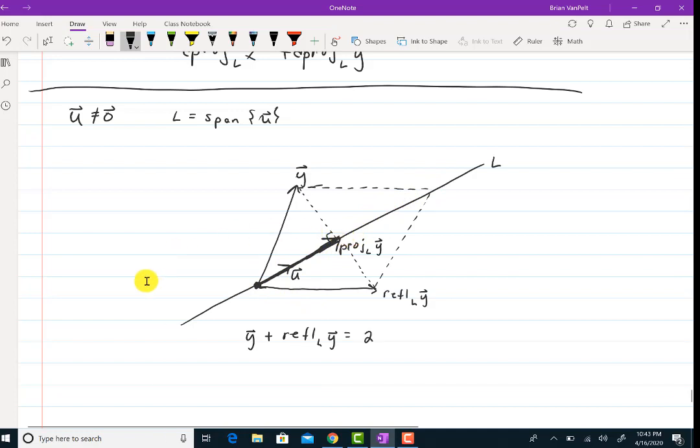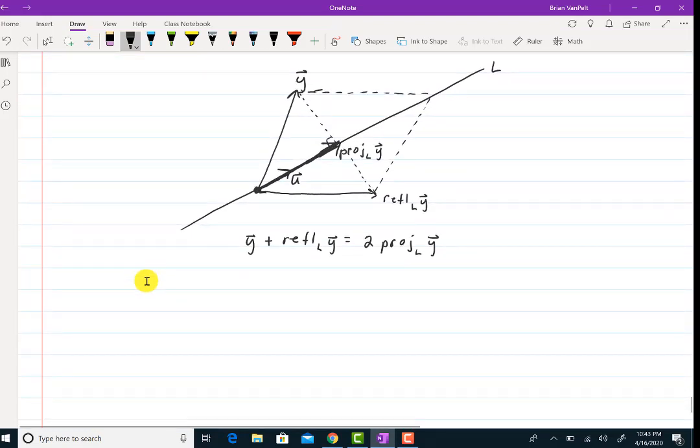So 2 PROJ L of y. And what that does is that leads me to a definition. So the inspiration is in R2, but the definitions are for Rn. So I'm going to define REFL onto L of y to be equal to 2 projection L of y minus y.